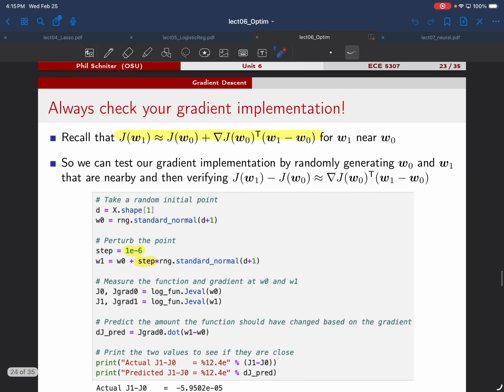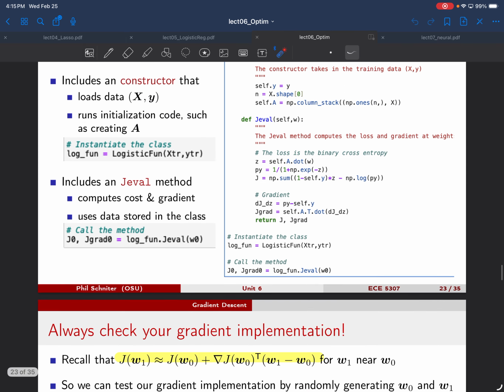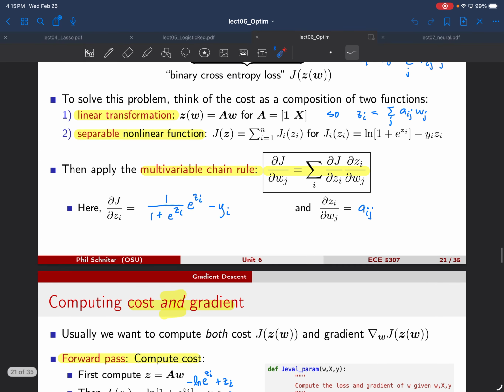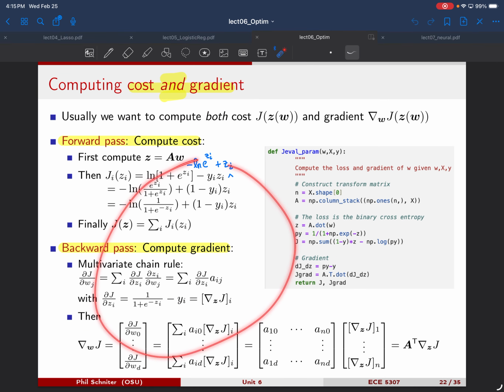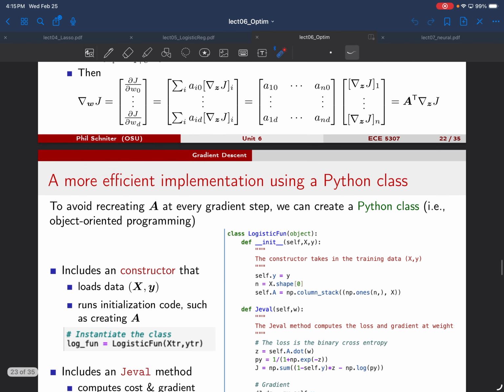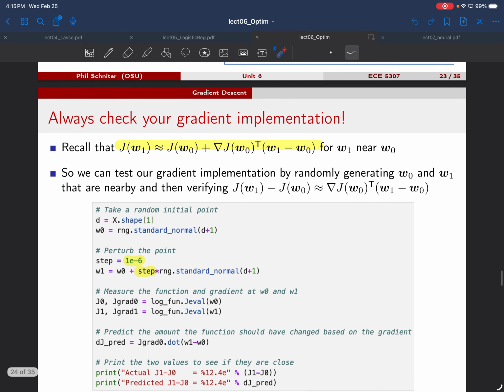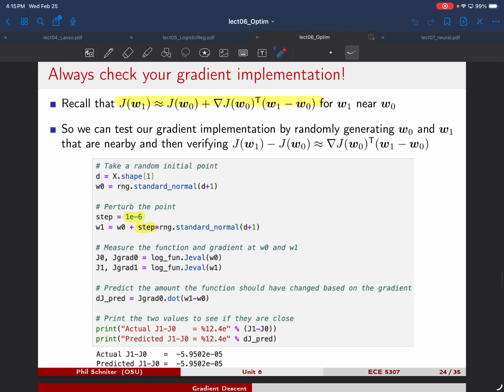And then the last thing we talked about is when you're doing these kinds of derivations, and when you're doing this kind of coding, it's very easy to make mistakes. And the really good way to debug your code is to check whether your gradient implementation is correct. And this application of our Taylor series approximation is a great way to do that.